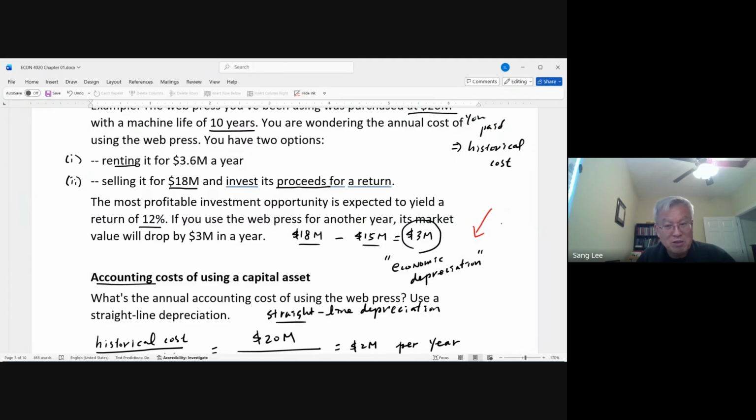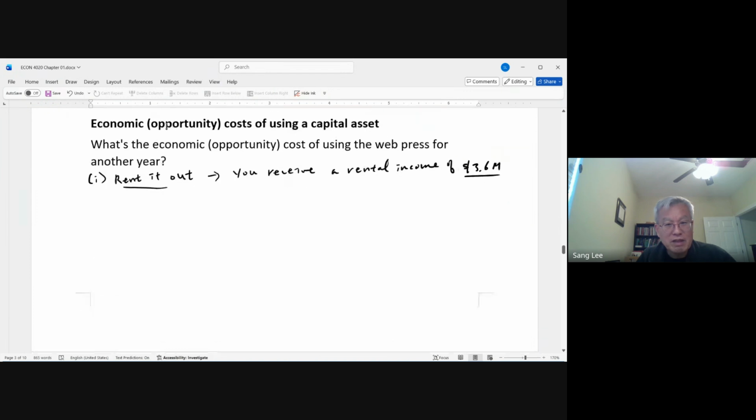So while you are earning $3.6 million of rental income, you are suffering an economic depreciation of $3 million.